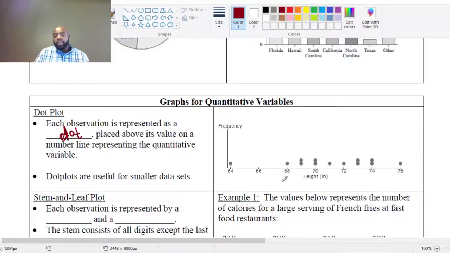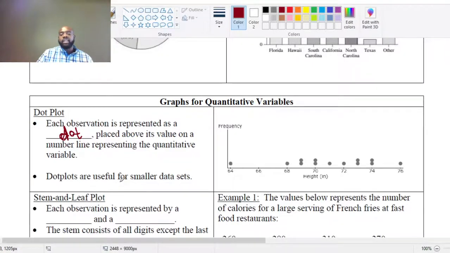We usually report height in inches, discretely, although it is a continuous variable. But as you can see, there is one individual in this data set with a height of 64 inches. There are two individuals with a height of 70 inches, and so on and so forth, right? And there are times where you will see a legend or what have you corresponding to your dot plot.